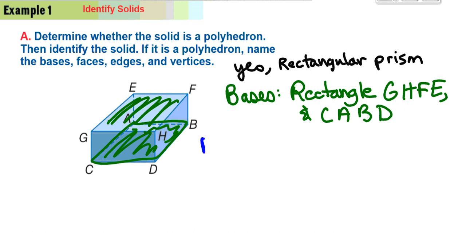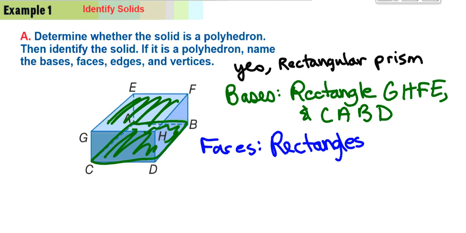Then we're going to list all of the faces. And when I list the faces, the bases are faces. So without even asking anybody, I'm just going to relist those. So rectangles, and I should have put an S there. So I've got GHFE, comma, and I've got CABD, and I know that for faces there are 6 of them, so that's 2 of them.